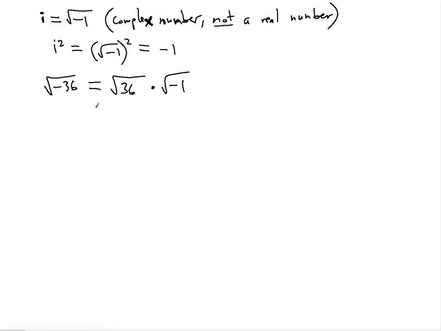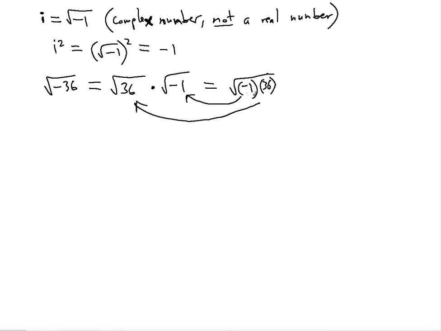And how do we know that? Because we know that negative 36 is the product of -1 and 36, right? So we can break this up into two radicals. That's the properties of radicals.